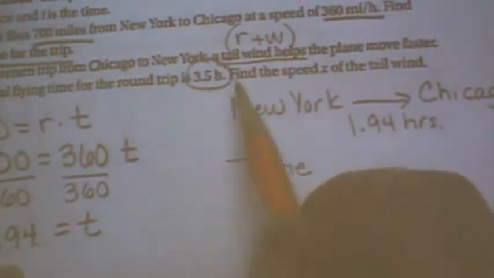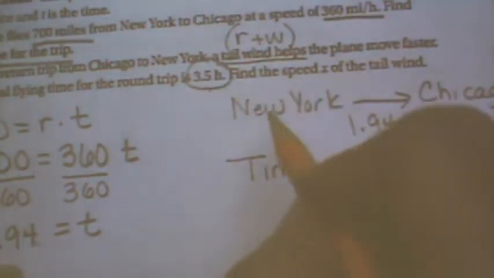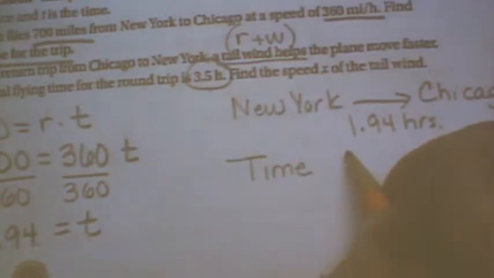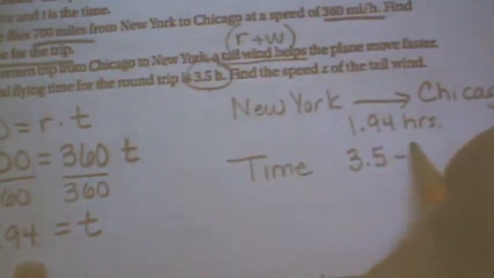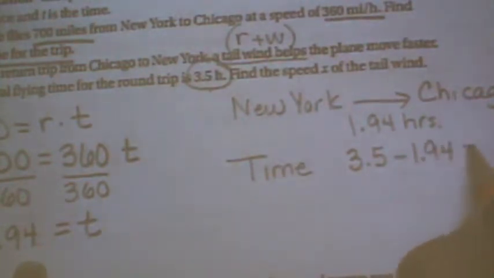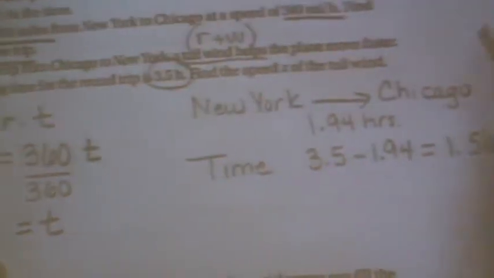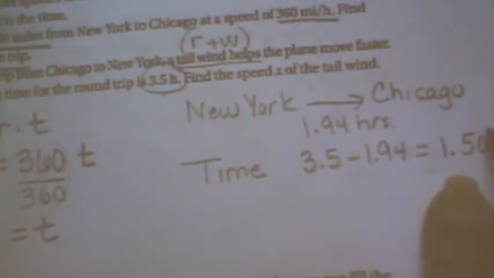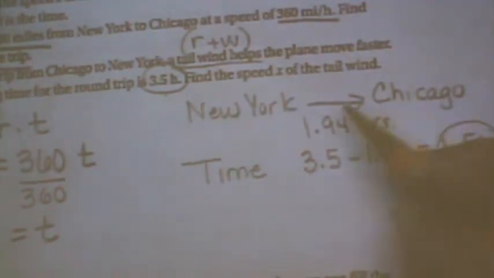If the entire trip took 3.5 hours, and from New York to Chicago was 1.94 hours, it'd be 3.5 minus 1.94, and you get 1.56. So notice how it's a smaller time, because we said there's tailwind. So this is the time from Chicago to New York.